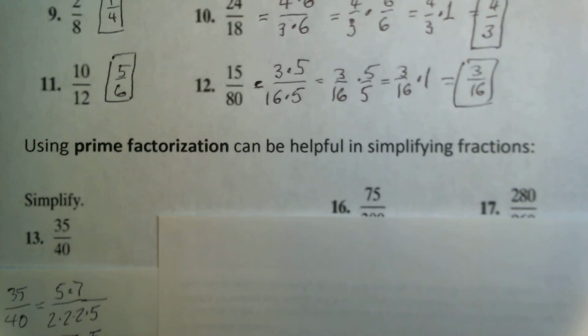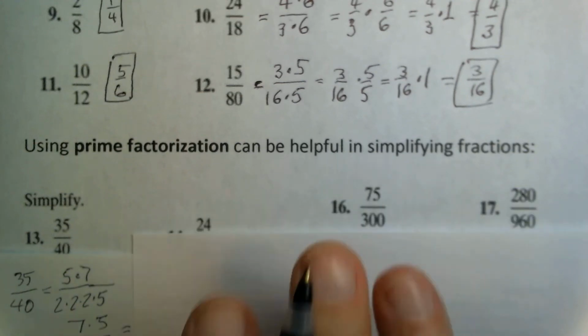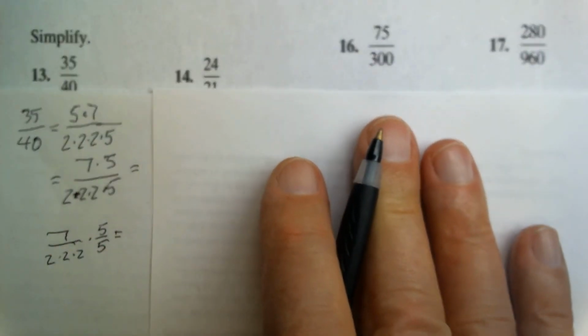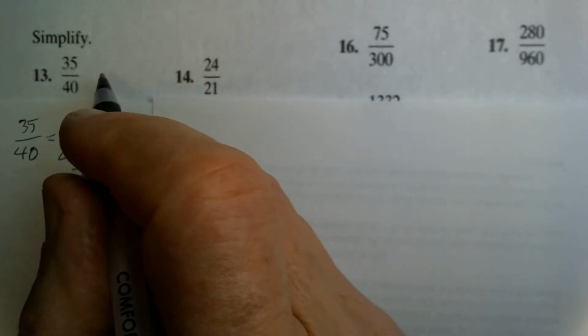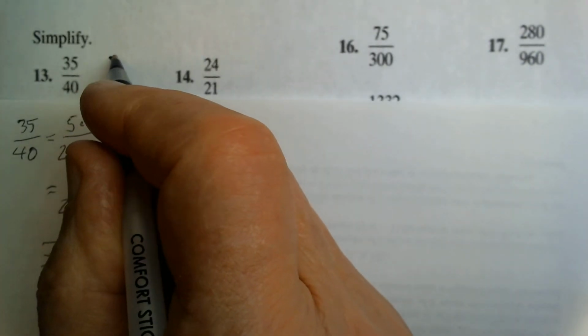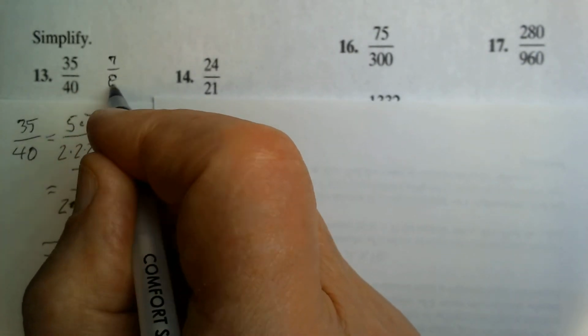So what we have now is 7 divided by 2 times 2 times 2 is 8 times 1, and that of course is equal to 7/8. So the simplification of this fraction, number 13, is 7/8.